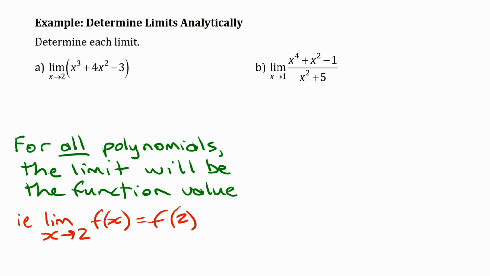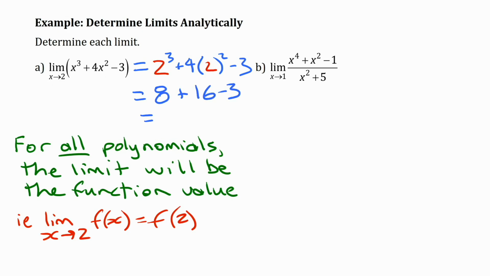So using substitution, this limit is going to be equal to 2 cubed plus 4 times 2 squared minus 3, which is of course 8 plus 16 minus 3, which works out to 21. That's the value of that limit.